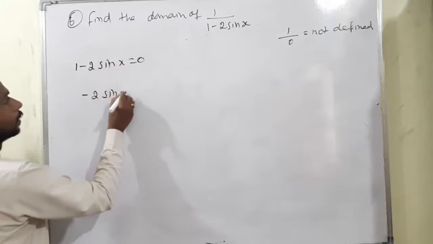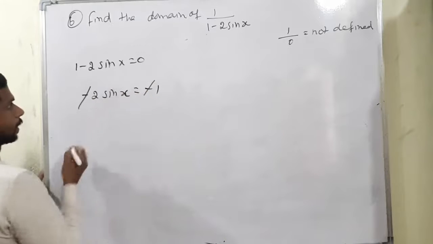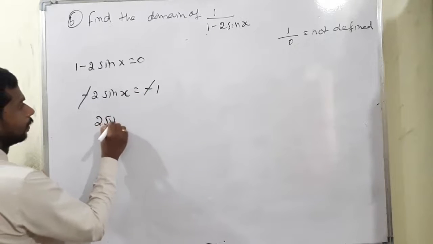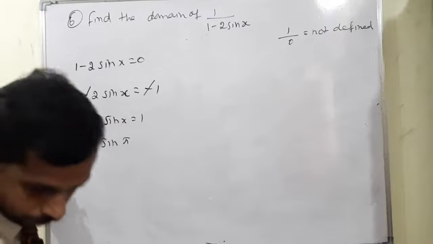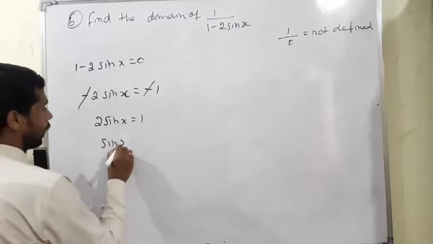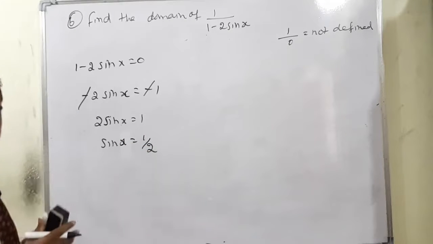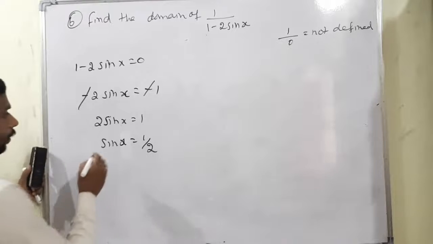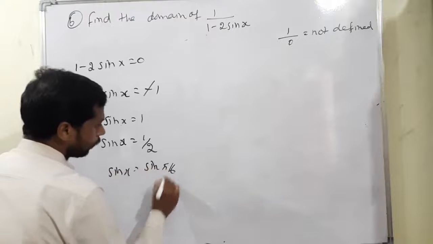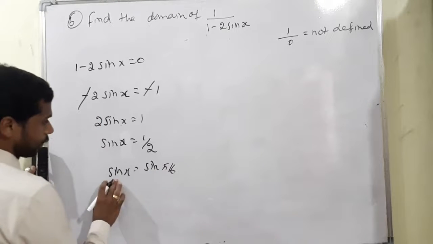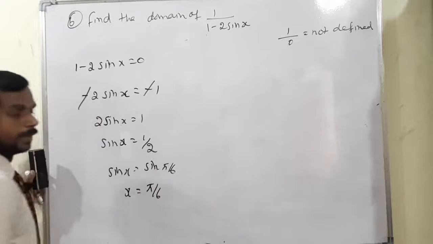Minus 2 sin x equals minus 1, the minus signs cancel, then 2 sin x is equal to 1, so sin x is equal to 1 by 2. Sin 30, that is sin pi by 6, is 1 by 2. Therefore sin x is equal to sin pi by 6, which means x is equal to pi by 6.